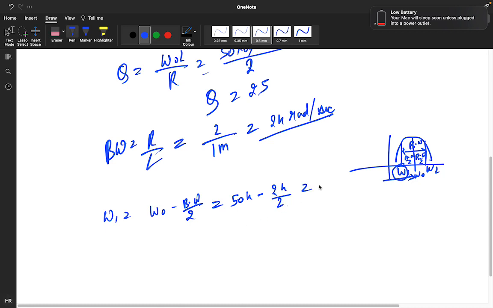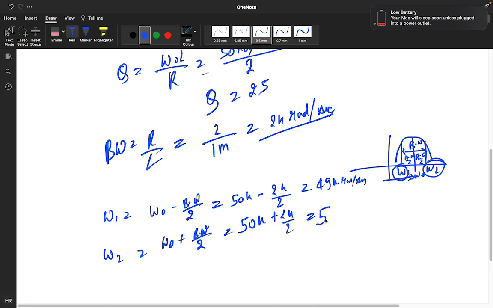So we are getting 49k radian per second. And for omega 2, it will be omega naught plus bandwidth by 2. So 50k plus 2k by 2, we are getting 51k radian per second. So you solved it like this, right? You guys have solved it like this only.